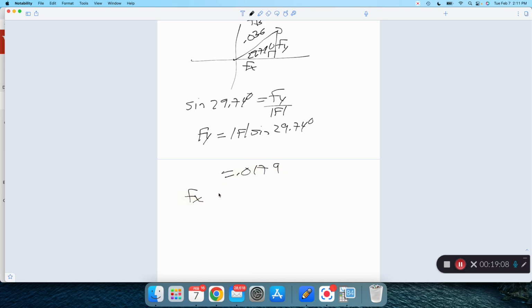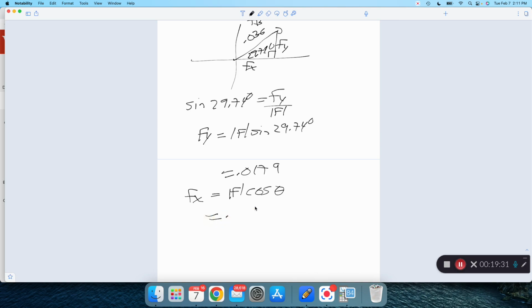Fx. It should be obvious here. If y went with sine, x is going to go with cosine. That's not always the case. I know that because I know trig. I'm just using the trig. I know sine is opposite over hypotenuse. Cosine is adjacent over hypotenuse.